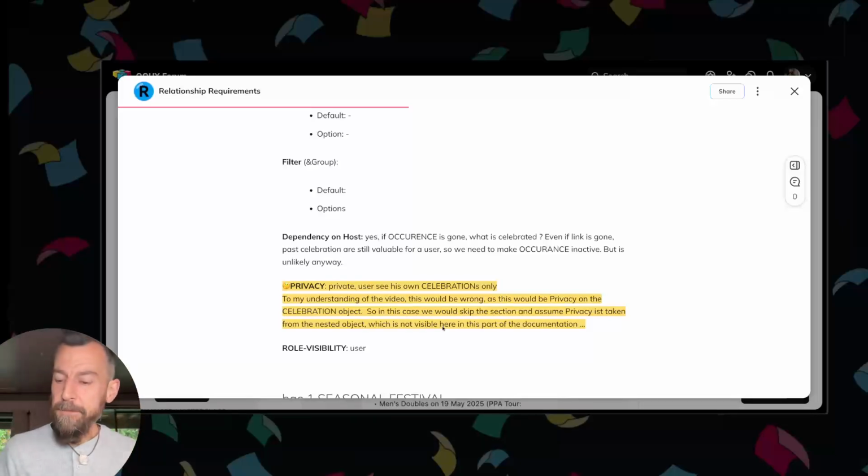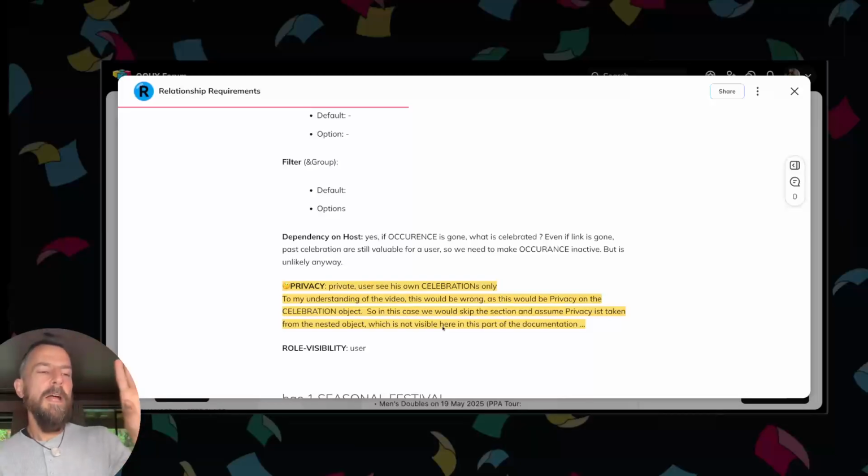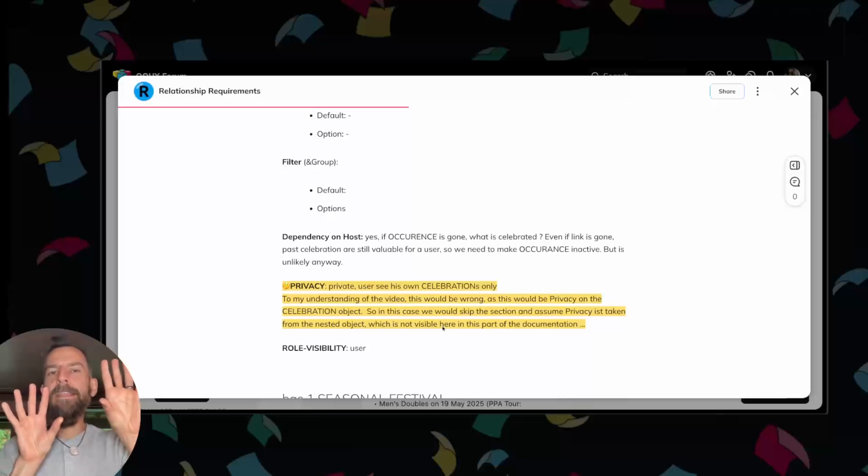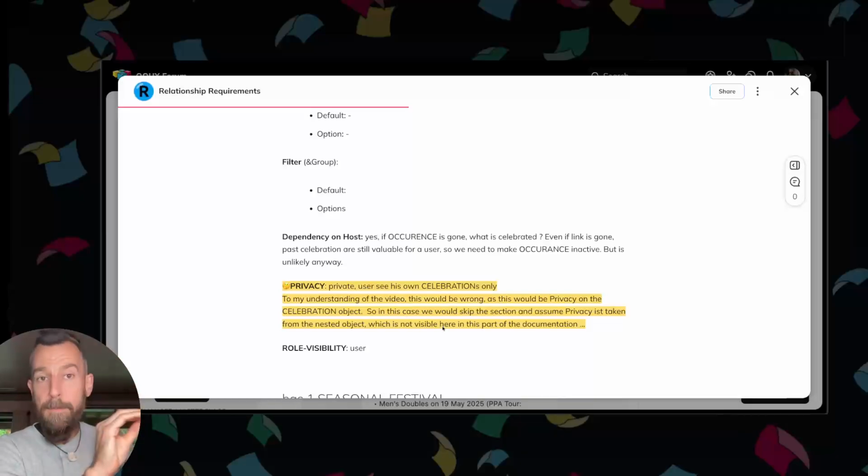And if there was an exception, where a nested relationship would have a different privacy level than the host object, as a host object that has different privacy and permission than as a nested object, I would talk about the exceptions in here. But if they are the same, I would just say, refer back to the object guide for celebration, for privacy and permission, because this is a very important thing to know, and you come from a computer science background, so you know this.